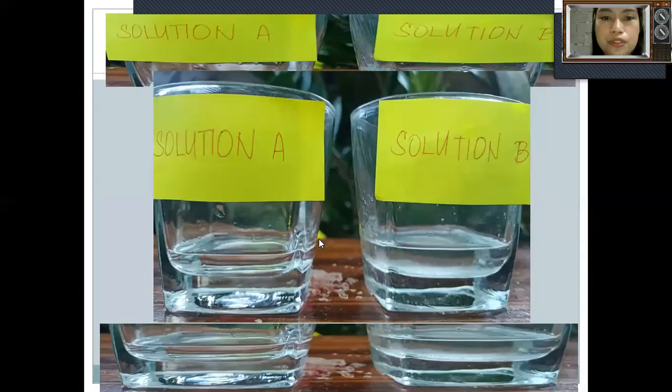So as you can see, there is a big difference in the appearance of solution A and solution B. Solution A, again, is only half a teaspoon of sugar in 20 ml of water, while solution B has more than half a teaspoon of sugar, and we could see the sugar settle down at the bottom of the glass.